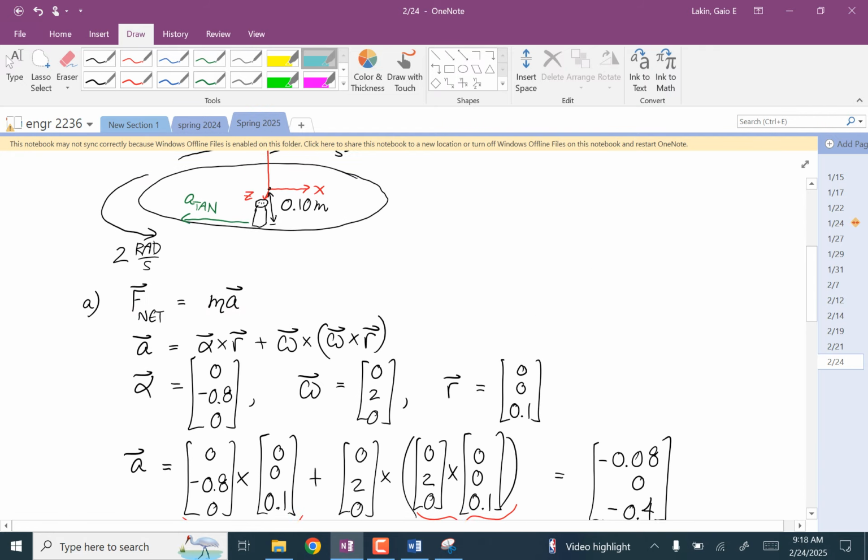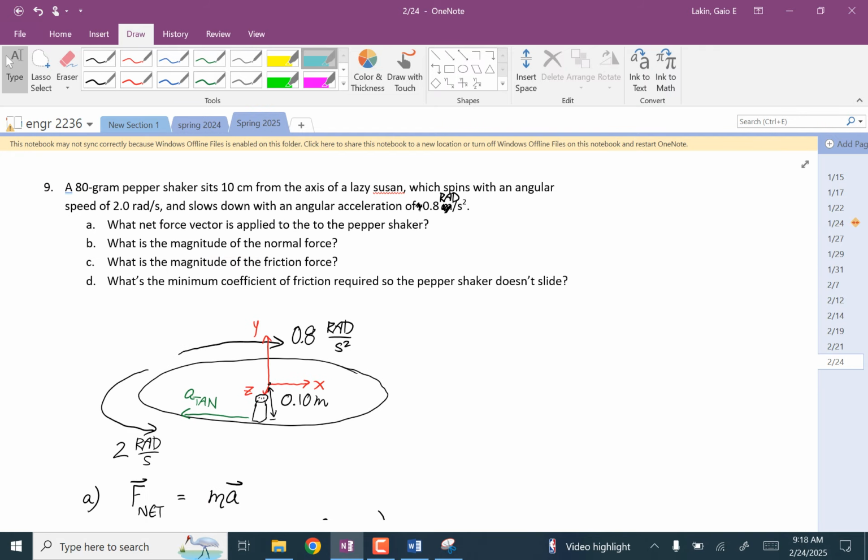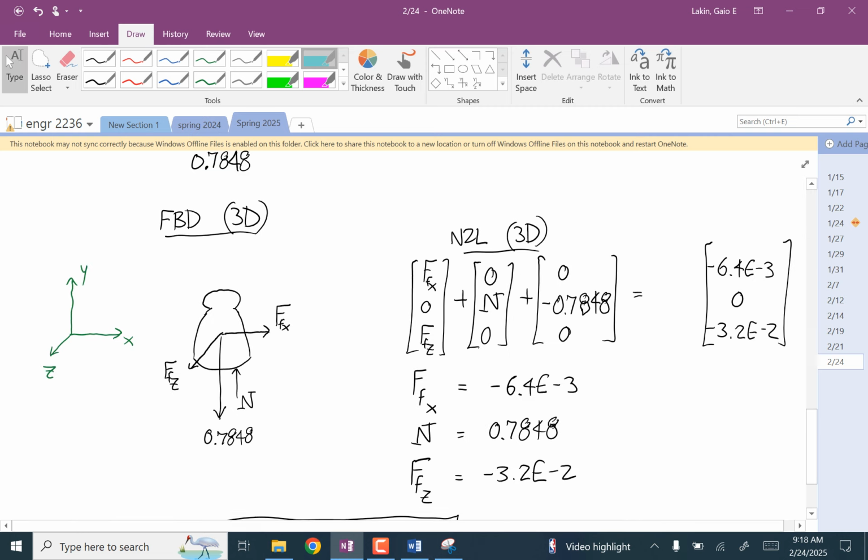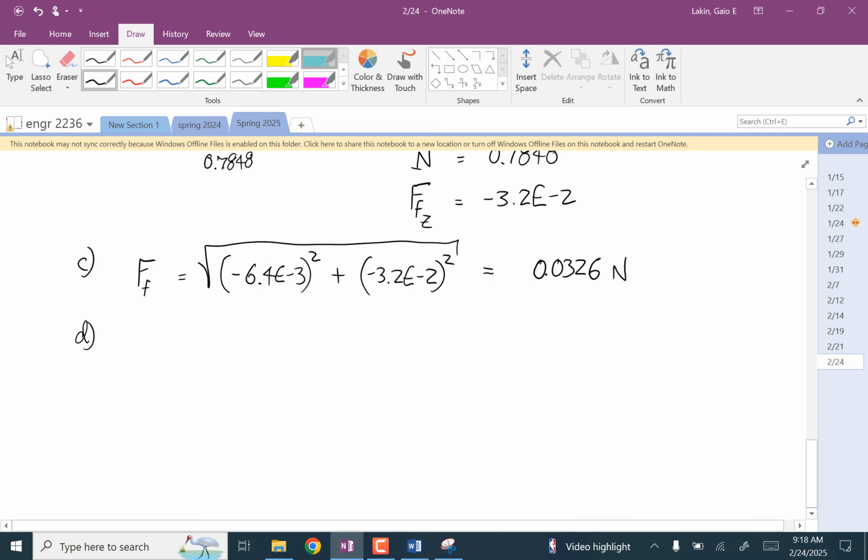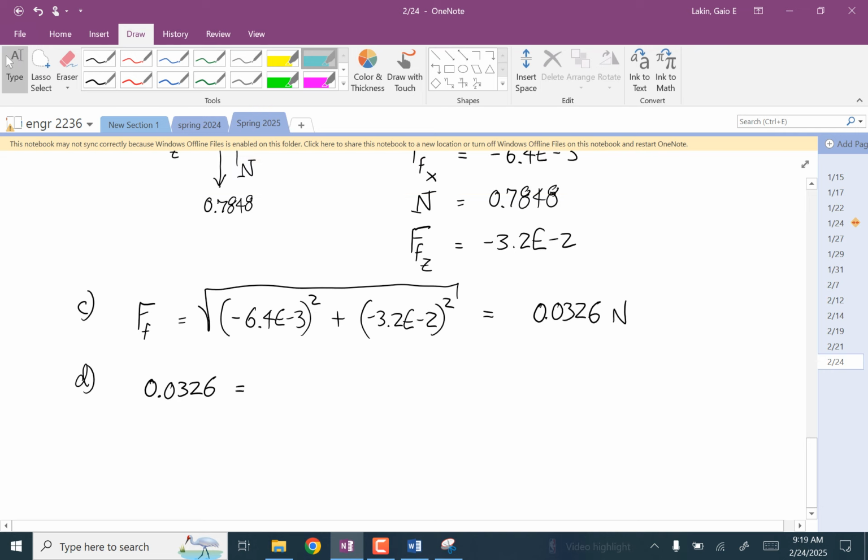And then for the minimum coefficient of friction required to keep that in static friction, 0.0326 is equal to the coefficient times the normal force, so 0.7848 times the coefficient.